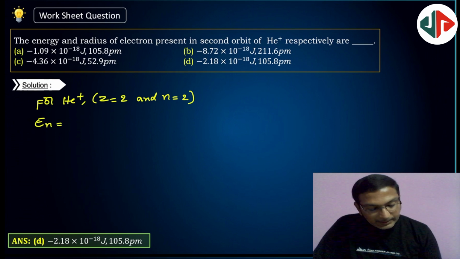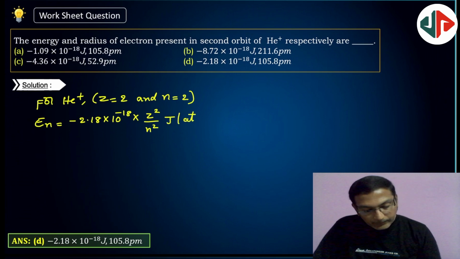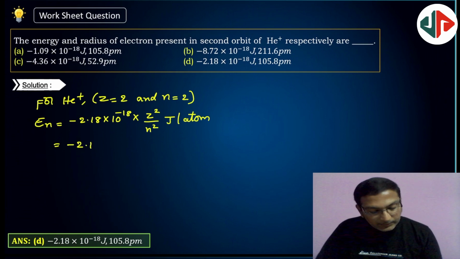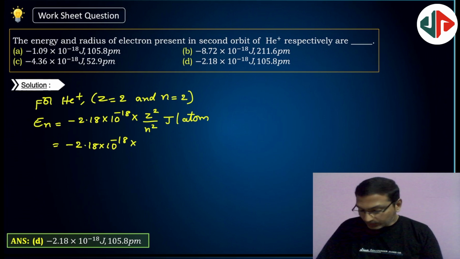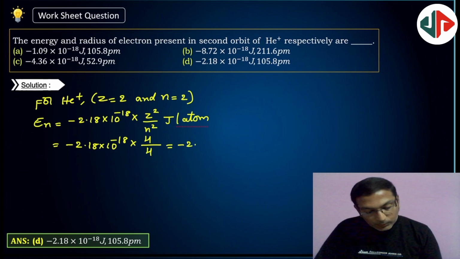We know energy expression En equal to minus 2.18 into 10 power minus 18 into Z square by n square joules per atom. Then substitute values: minus 2.18 into 10 power minus 18 into Z square 4 by n square 4. So which is minus 2.18 into 10 power minus 18 joules.